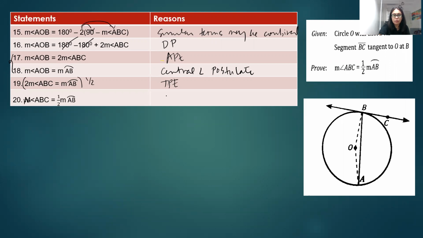And this is about the multiplication property. So really, the measure of an angle which is made up of a chord and a tangent line equals 1/2 its intercepted arc.